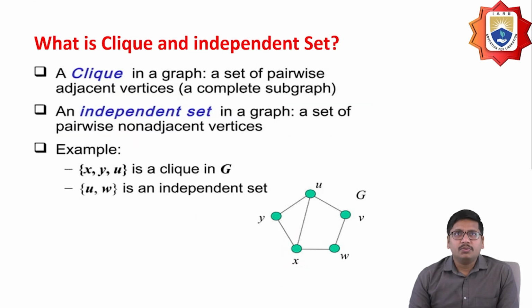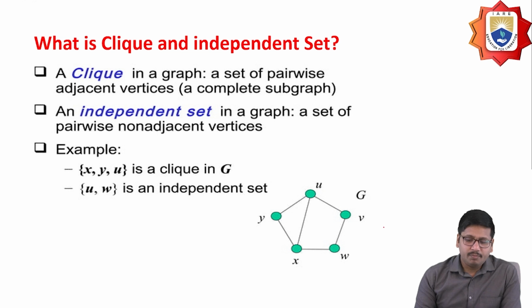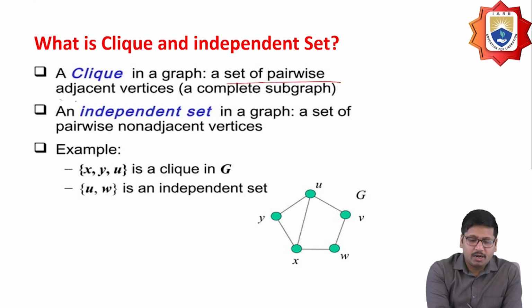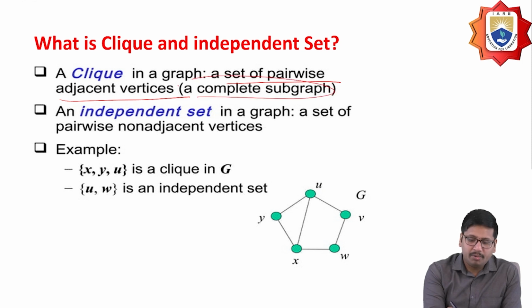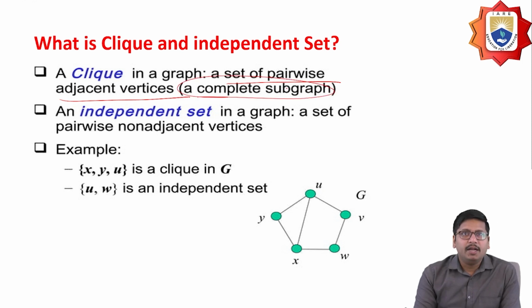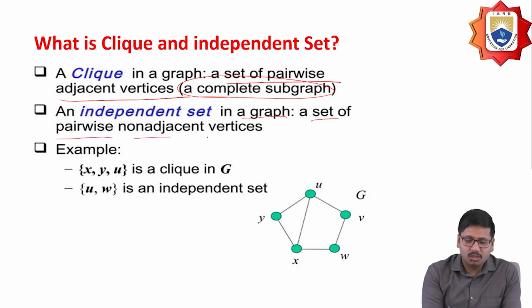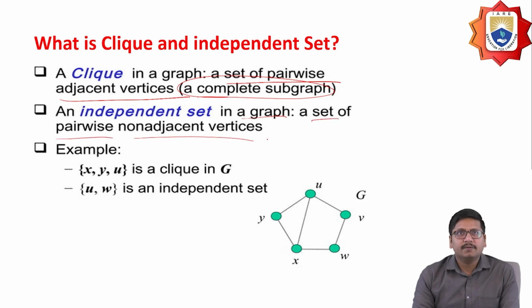So what are a clique and an independent set? A clique in a graph is a set of pairwise adjacent vertices, that is, a complete subgraph. An independent set in a graph is a set of pairwise non-adjacent vertices.